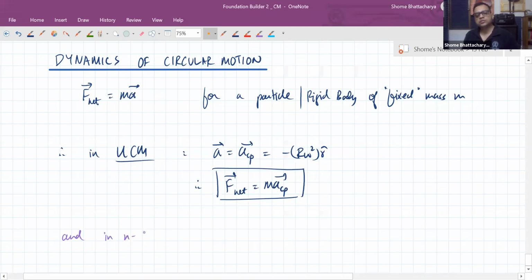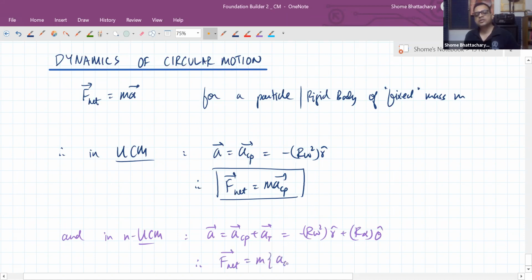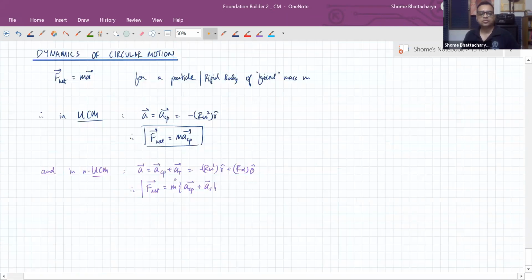Whereas if it is the case of non-uniform circular motion, then the acceleration is the sum of centripetal acceleration plus tangential acceleration, and the net force accordingly becomes the sum of the centripetal and tangential parts. So what we do in this case is we take components, radial component and tangential component.